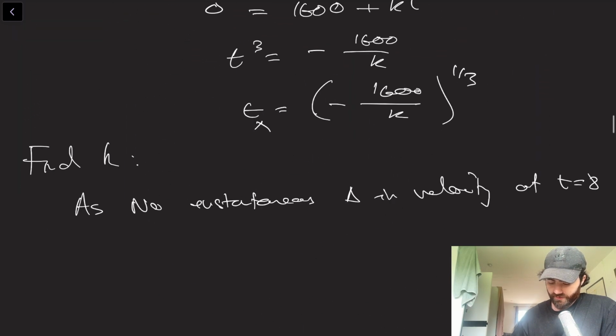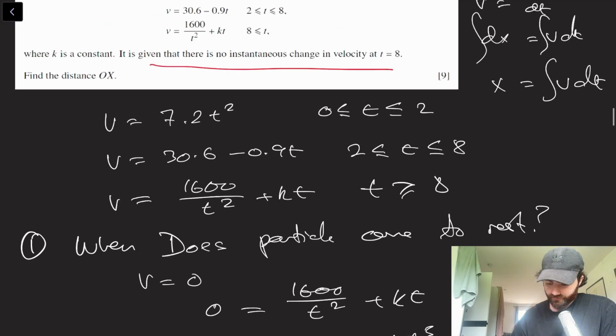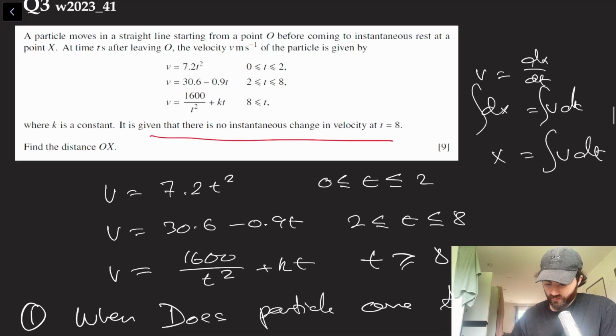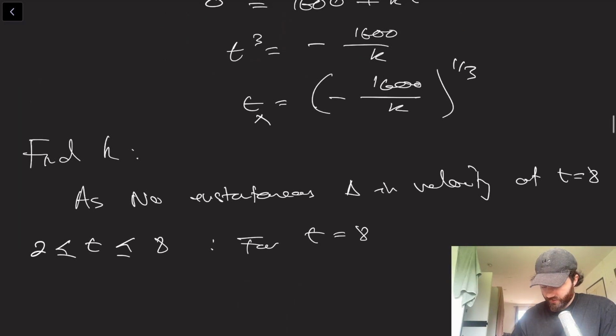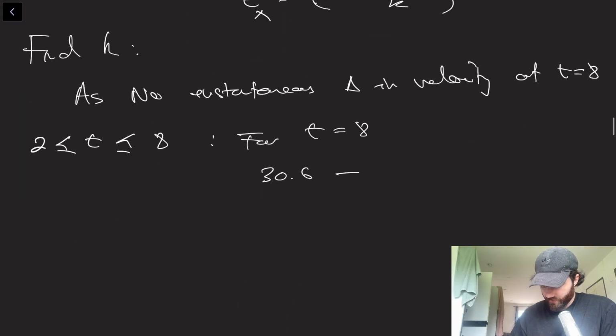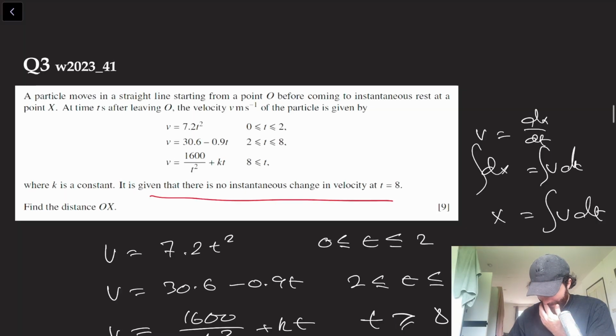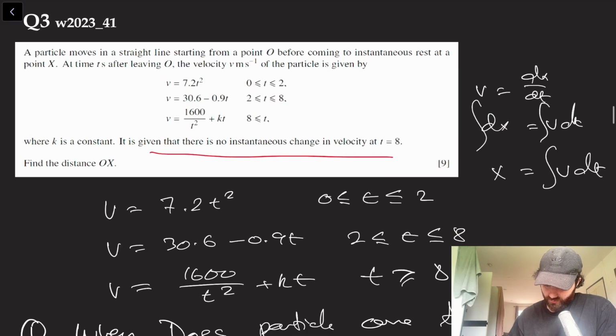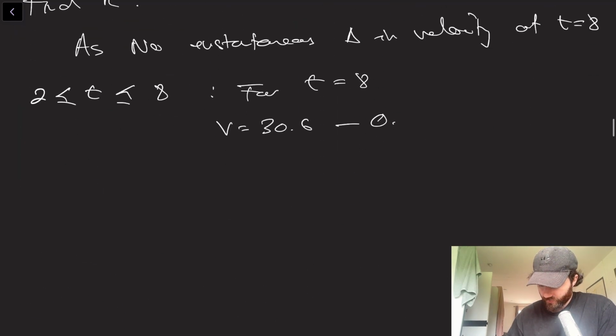So for 2 to 8, at t equals 8, what's the velocity? We get v equals 30.6 minus 0.9t.